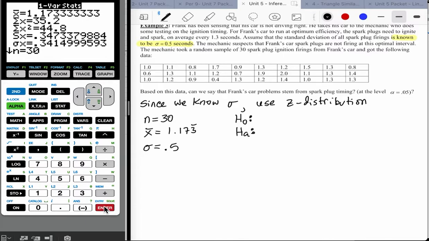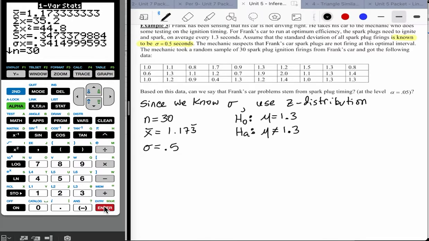That's a long-standing rule or belief, right? So mu would be 1.3. If it's not firing off at that optimal timing, then there would be something wrong. It would be misfiring. It doesn't have to be necessarily more or less than 1.3, just different. So anything different from 1.3 would be a mistiming situation. So mu would be not equal to 1.3. All right. So that's our long-standing rule or belief.